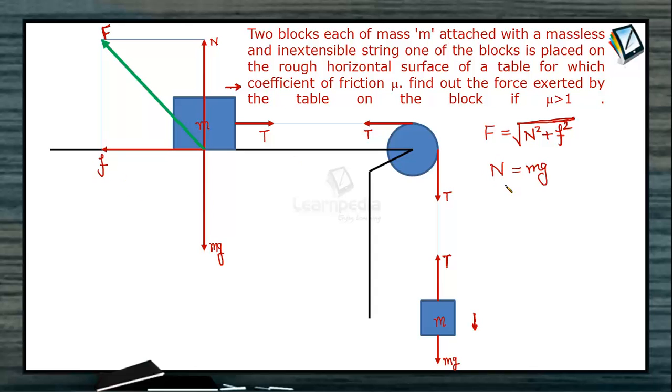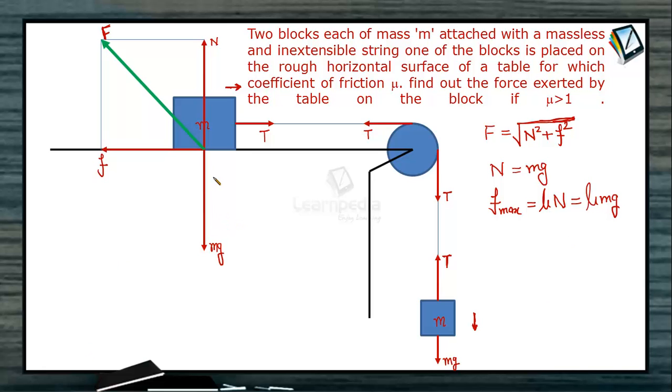Since the normal reaction here is mg, the maximum possible amount of force of friction is equal to mu times the normal reaction. So this is the maximum possible friction available to this block. Okay, so maximum friction is mu mg.